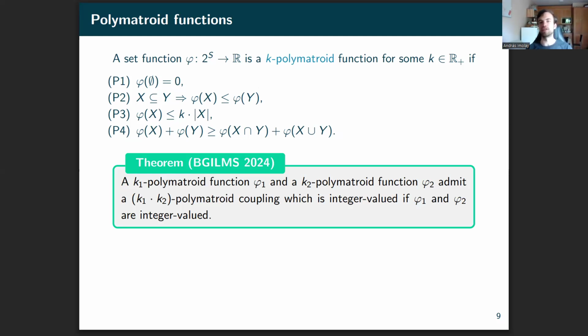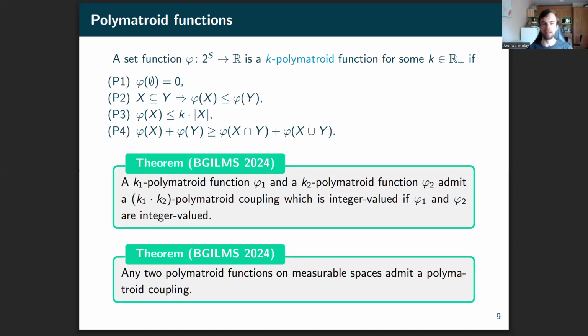And also, in polymatroids, we don't necessarily assume that they are integer valued, but if they are, then the coupling is also integer. An integer valued coupling can be found. And even in a more general setting, if we take any polymatroid function, that is a function that is polymatroid for some K on measurable spaces, so not even necessarily finite ground sets, they still admit polymatroid coupling.